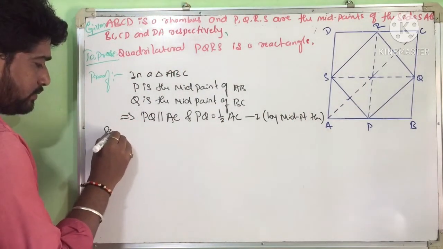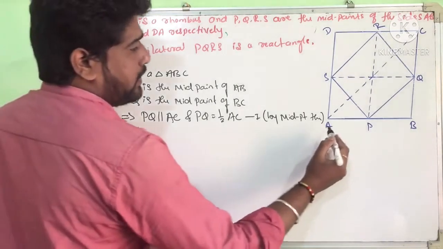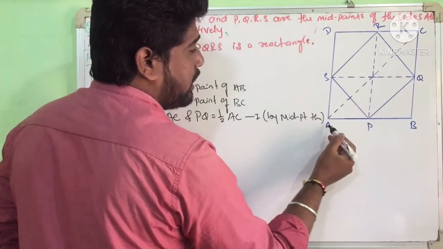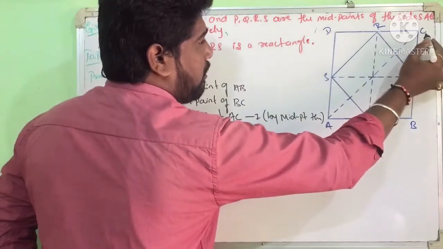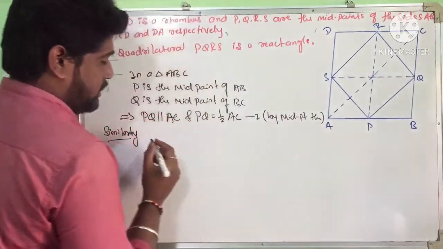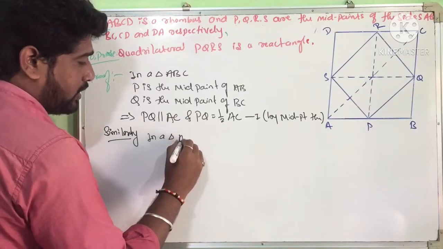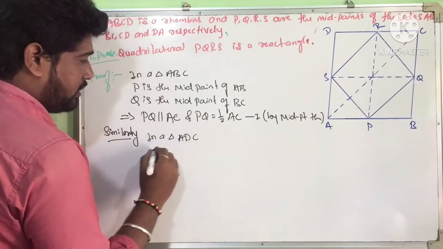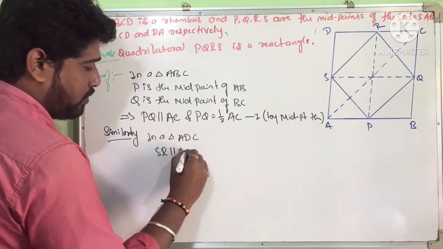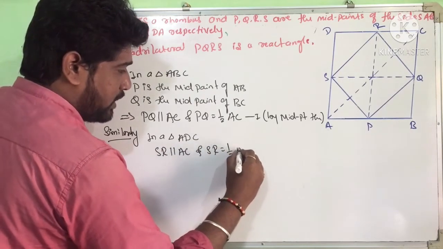Similarly, consider a triangle ADC. Here S is the midpoint of AD, R is the midpoint of DC. It means SR is parallel to AC, right? Similarly, in triangle ADC, SR is parallel to AC and SR is half of AC.